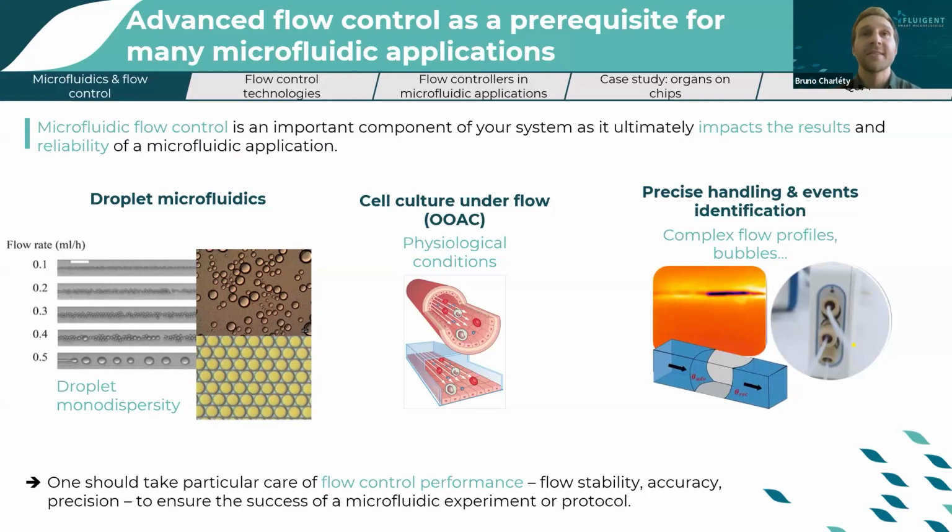Unstable flow patterns will not mimic in vivo conditions, and they can also damage cells due to uncontrolled shear stresses. Finally, it's also important to precisely monitor flow rates for fluid automation, and for some unpredicted events, such as bubble formation or clogging. So for those reasons, it's important to understand microfluidic flow phenomena and select the right flow controller.